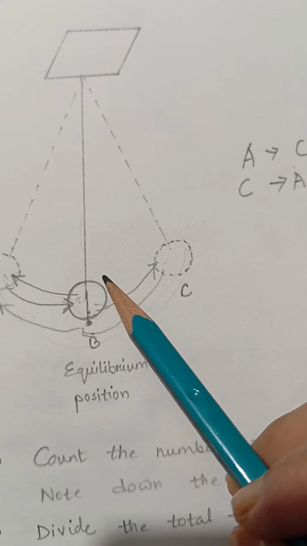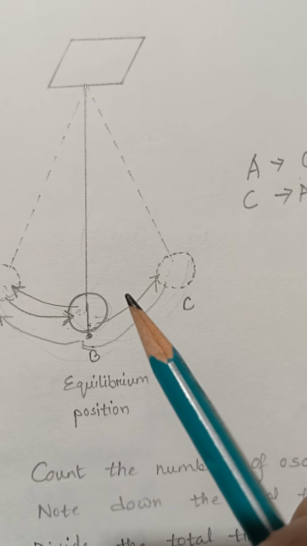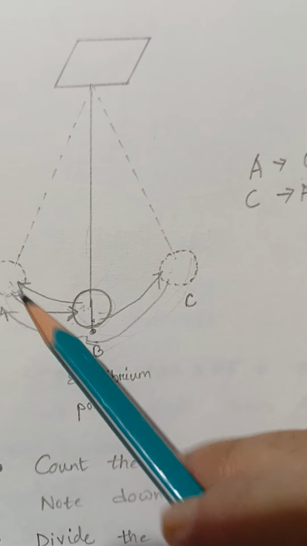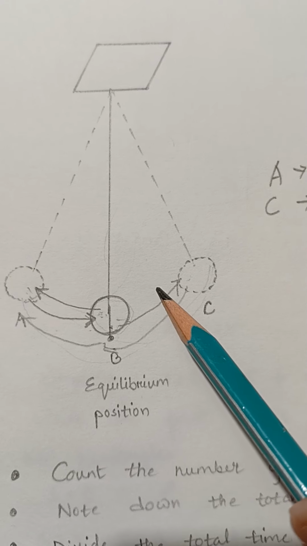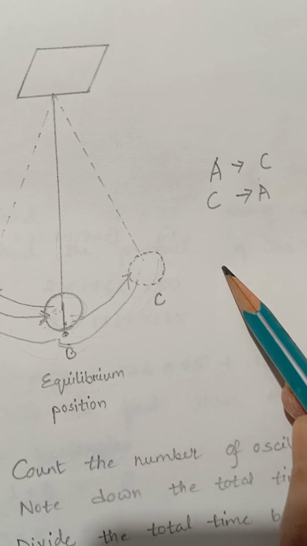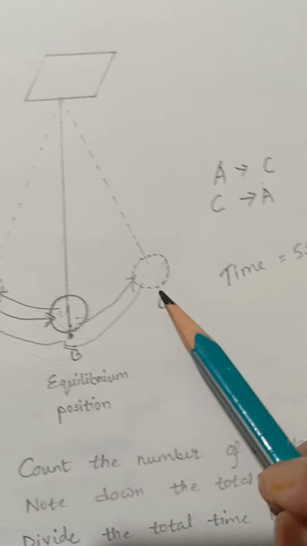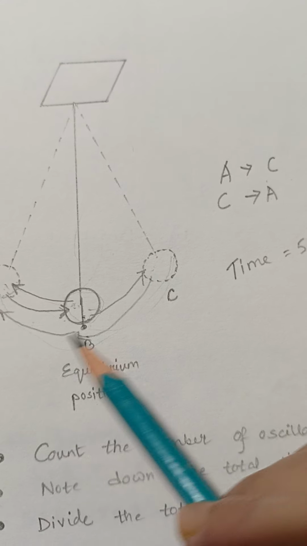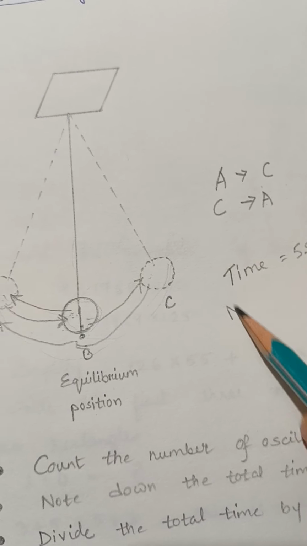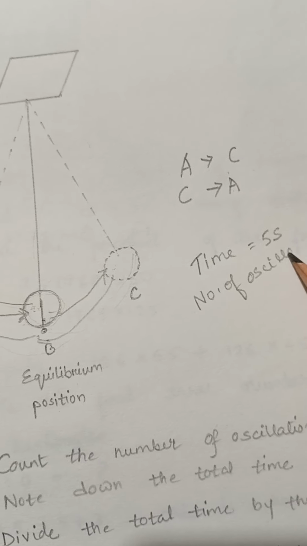Suppose in 5 seconds this pendulum oscillates 10 times. That means the total time is 5 seconds, and the number of oscillations is 10.